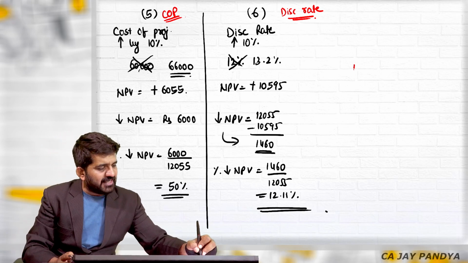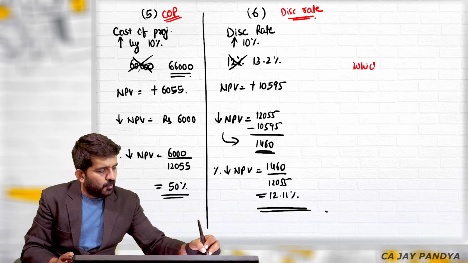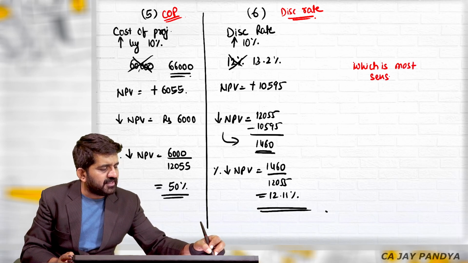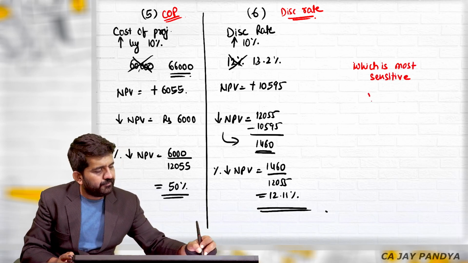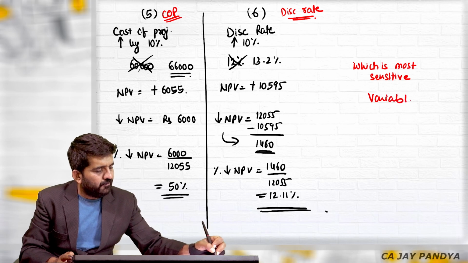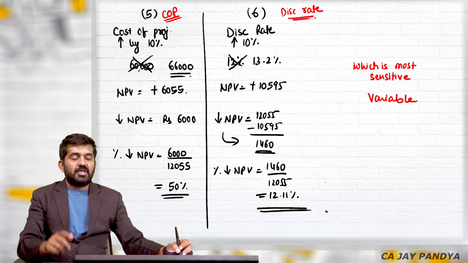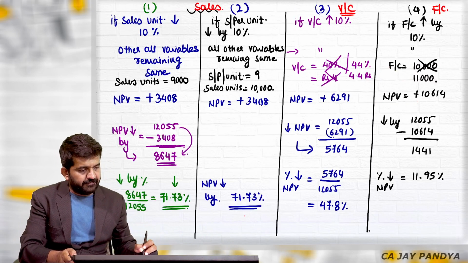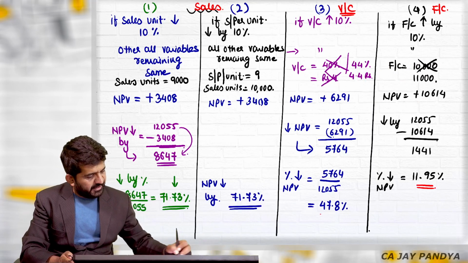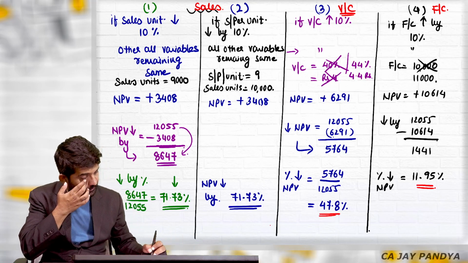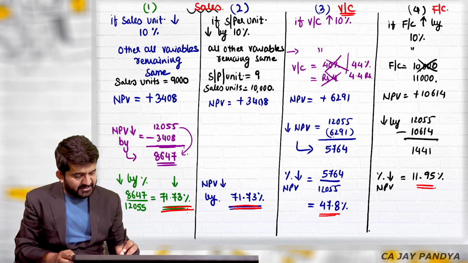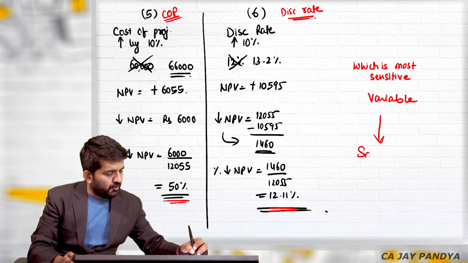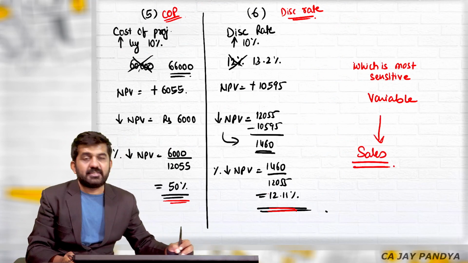What a person is asking me is which is the most sensitive variable. I will directly see these percentages: 12.11, 50, 11.95, 47.8, 71.73. The most sensitive variable is sales.